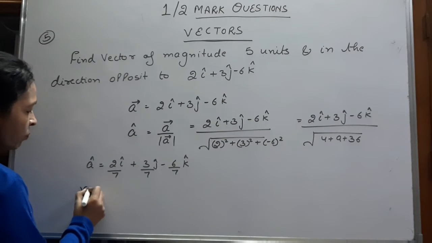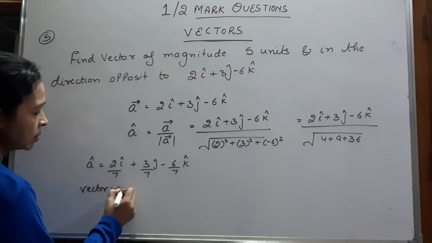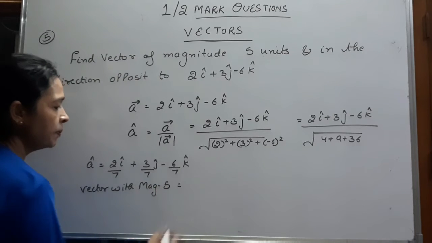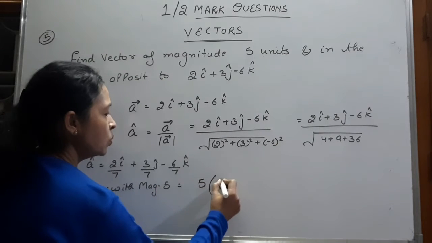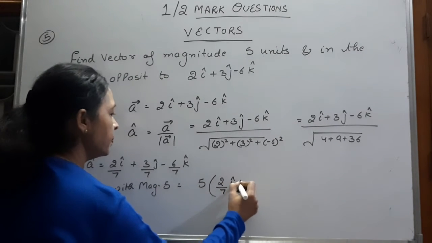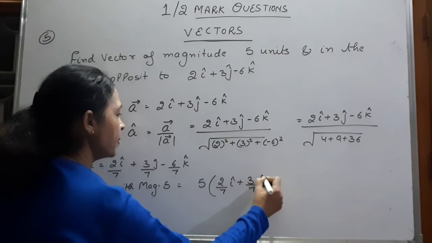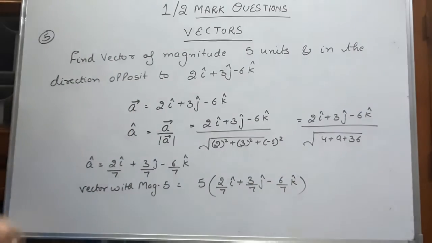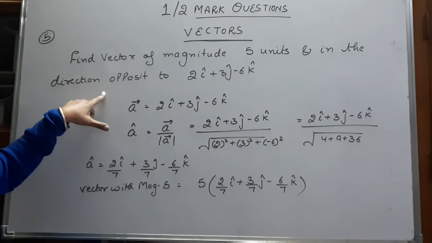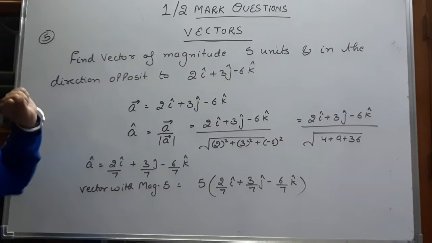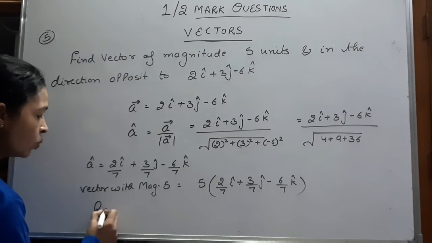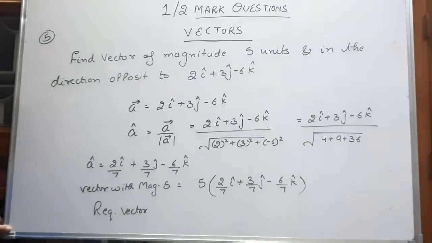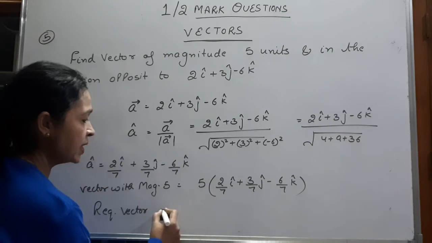Therefore, the vector with magnitude 5 will be 5 into 2 by 7 i cap plus 3 by 7 j cap minus 6 by 7 k cap. But we need the vector in the opposite direction of this vector.